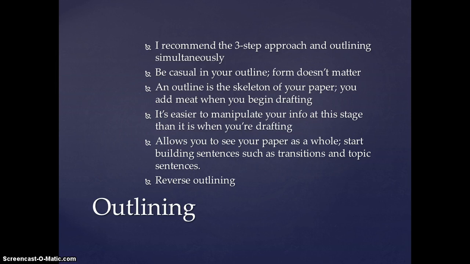You don't have to use the Roman numerals and the capital letters versus the lowercase letters. You don't have to do that. You can simply do bullets. Just differentiate between your thesis statement, your topic sentence, and your different points of support and development. Okay, so keep indenting as you outline. Hopefully that makes sense. You should all know what an outline looks like.